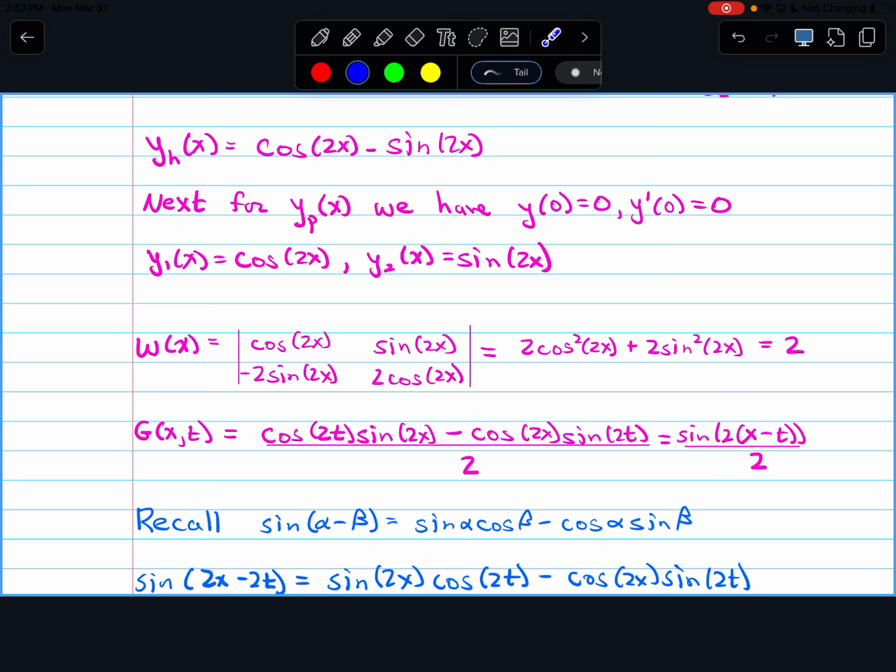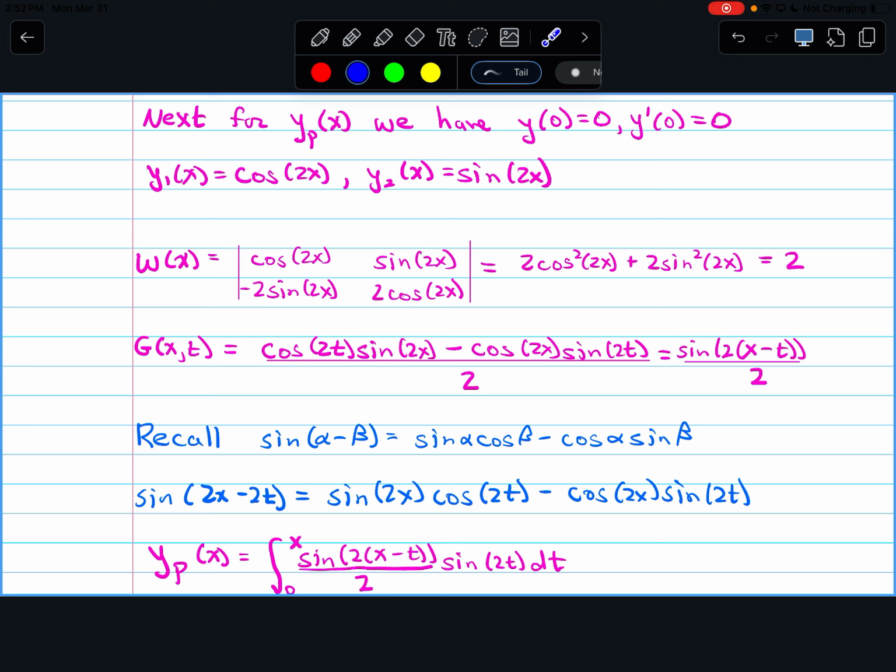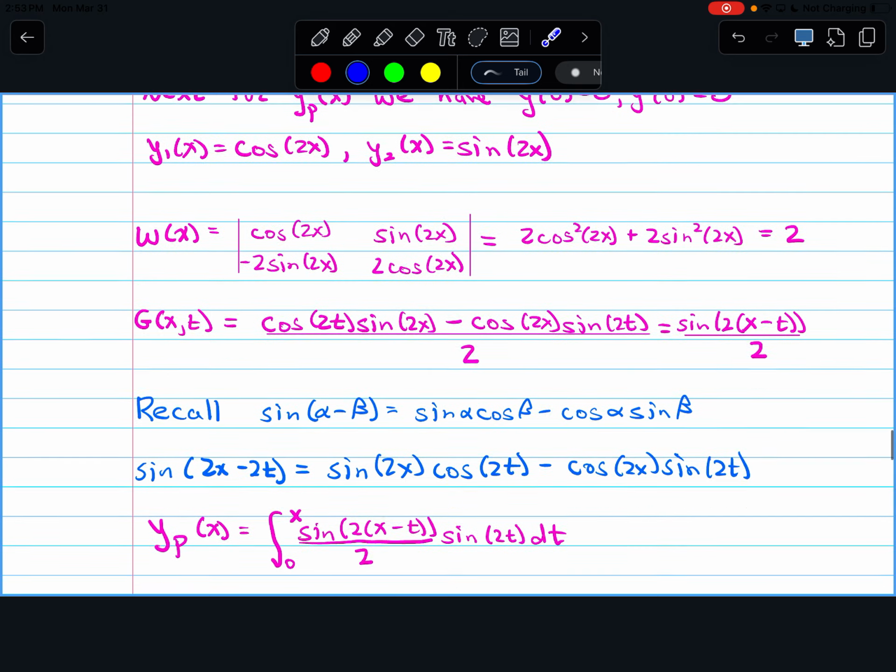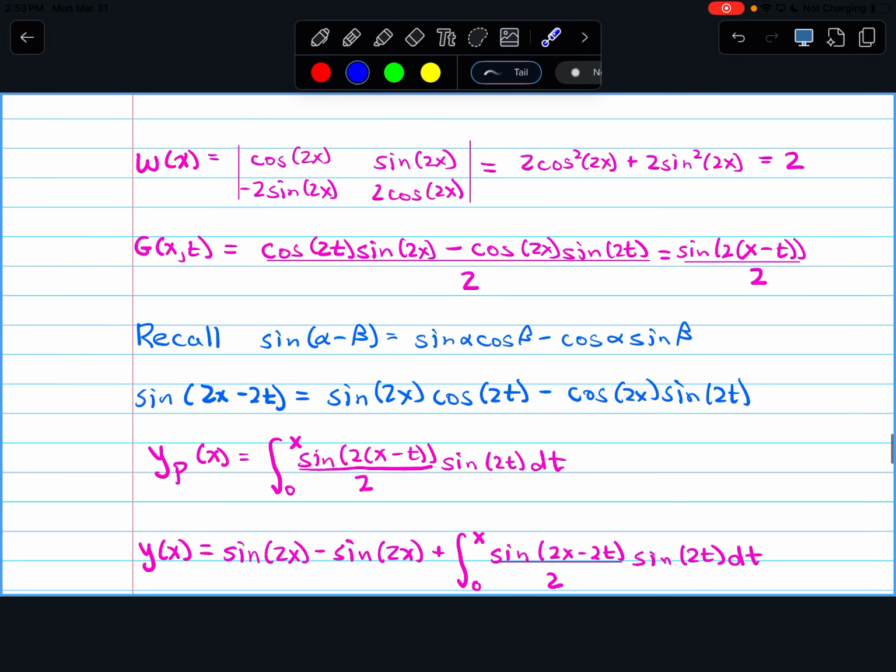Well, recall, back in your younger days in trig, you had this identity: sine of alpha minus beta equals sine alpha cosine beta minus cosine alpha sine beta. Using that identity, we don't have alpha and beta, we have 2x and 2t. So here's what we get. That means that I can write that Green's function this way.